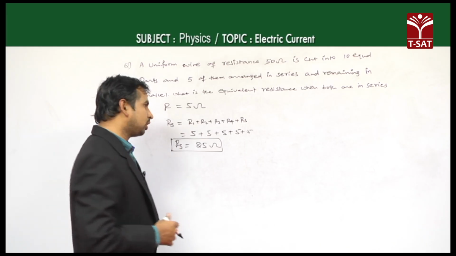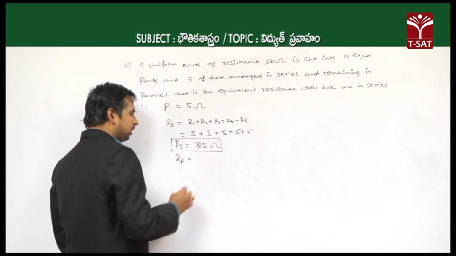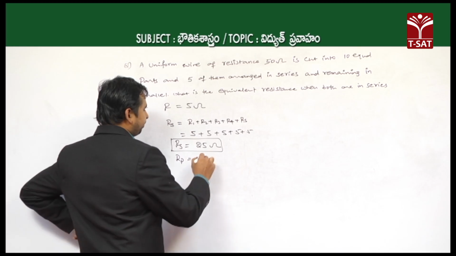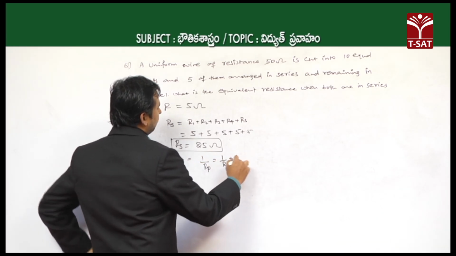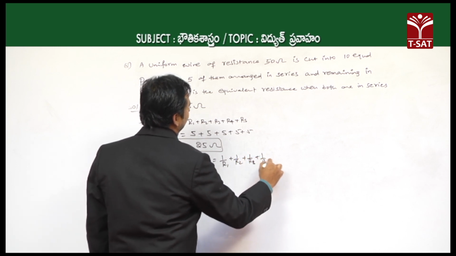Whereas if you arrange them in parallel, again with the same 5 resistances, we know that 1 by Rp is equal to 1 by R1 plus 1 by R2 plus 1 by R3 plus 1 by R4 plus 1 by R5.